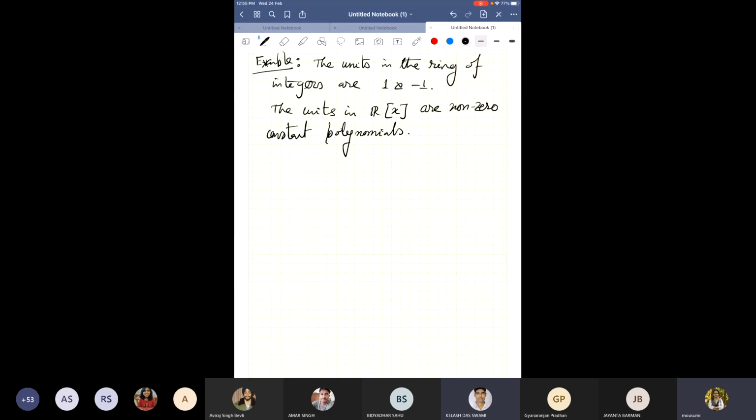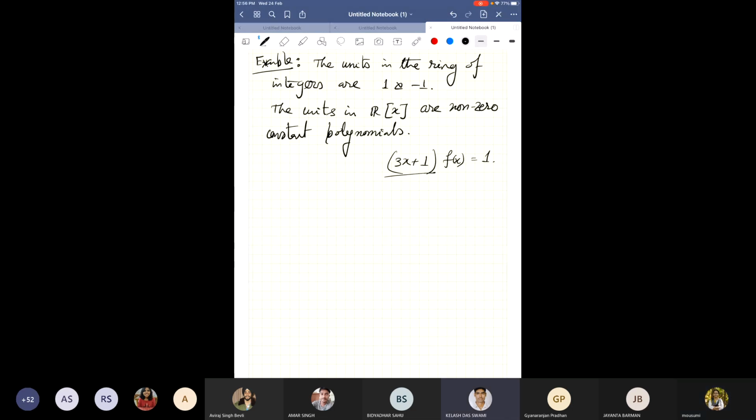Did you first understand why the non-zero constant polynomials will be units? Because we can take one upon that number. Exactly. But suppose I have 3x plus 1. If 3x plus 1 is a polynomial of degree 1, can I get some polynomial such that whenever I multiply it with this, I will get the identity? Is it possible?